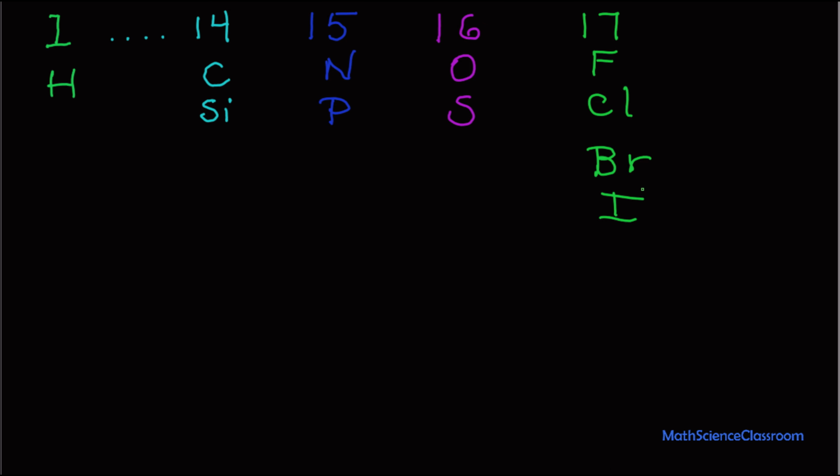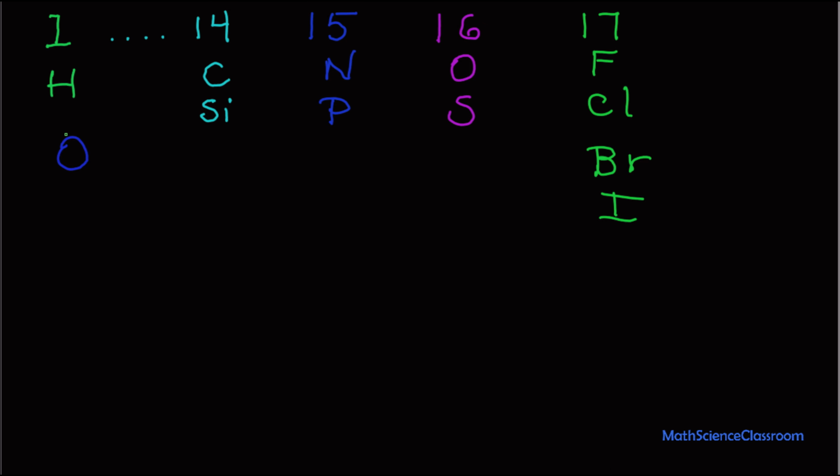So let's look at some examples of each of these groups so we can get an idea of how they behave. So the first one, we'll start with hydrogen. The most common example we think about is H2O.